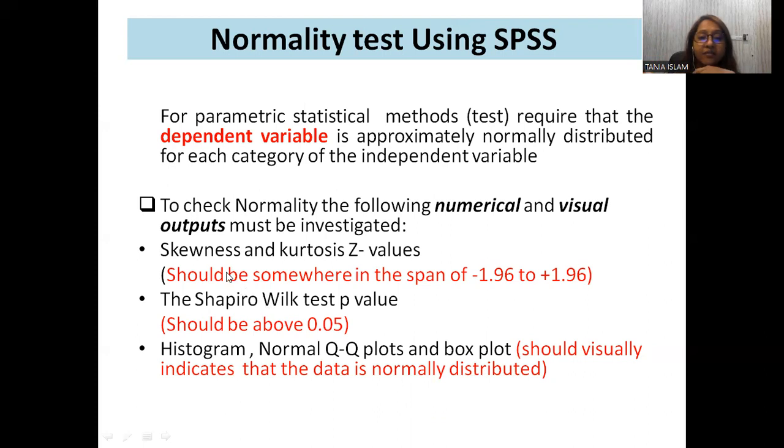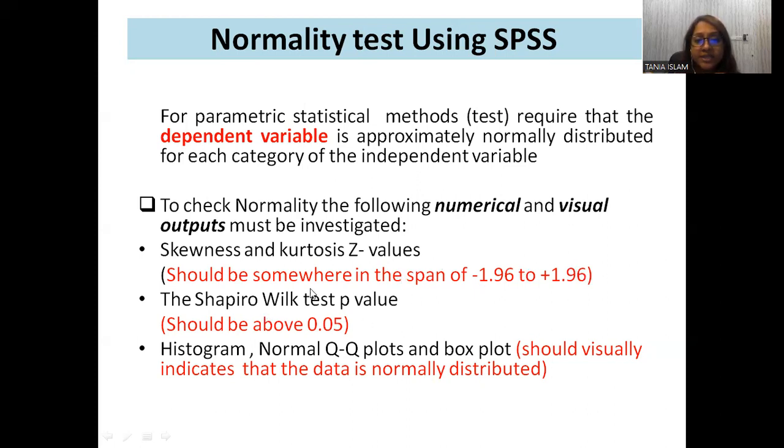So there are a few rules, like skewness and kurtosis Z value we measure. It should be somewhere in the span of minus 1.96 to 1.96. We will calculate it. I will show you later.